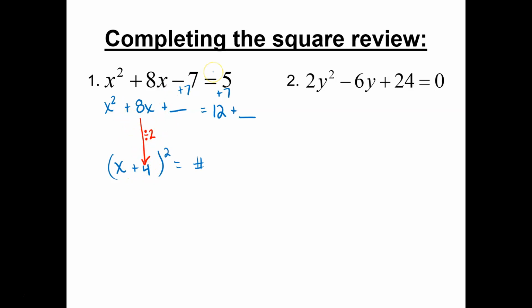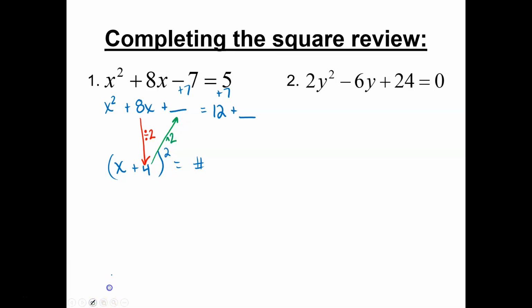But we can't just factor this, because x plus 4 squared does not equal x squared plus 8x. We also have to think about what x plus 4 squared equals. It would be x squared plus 8x plus 16. So to get the number that goes here, you're going to take this number and raise it to the second power.